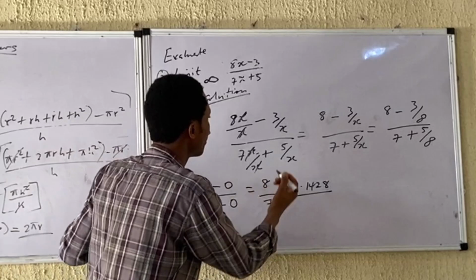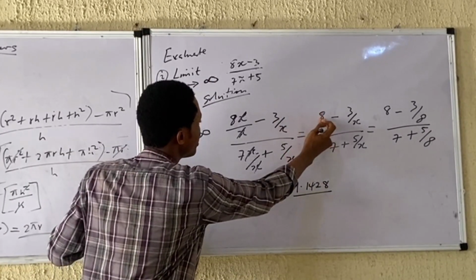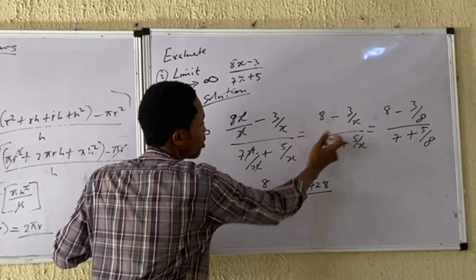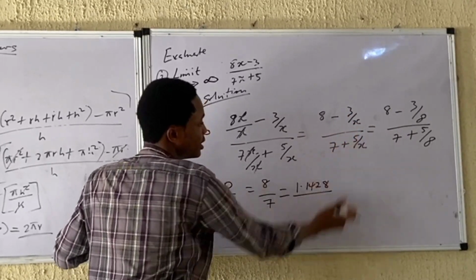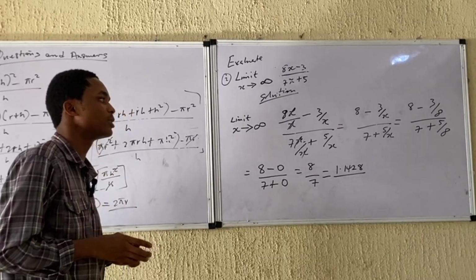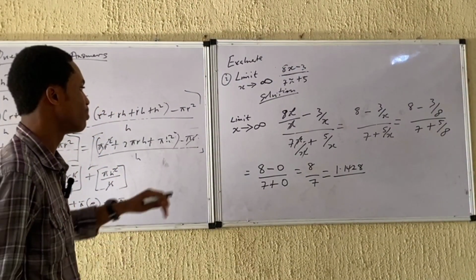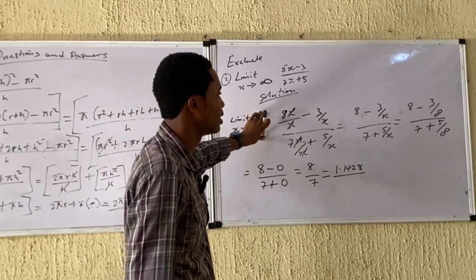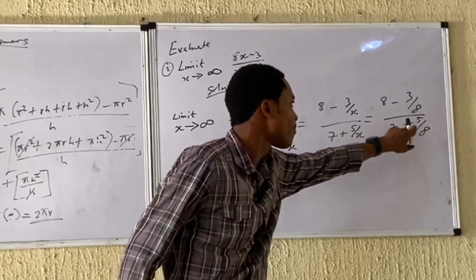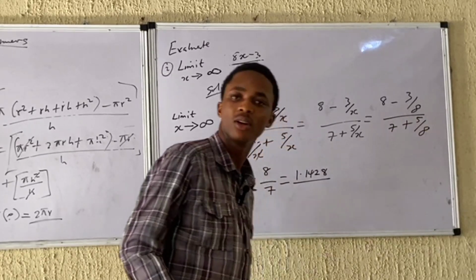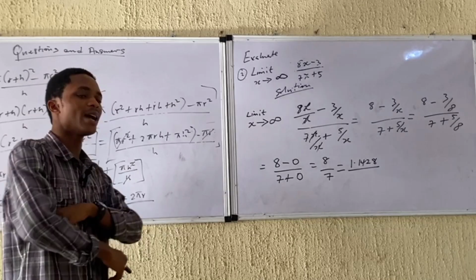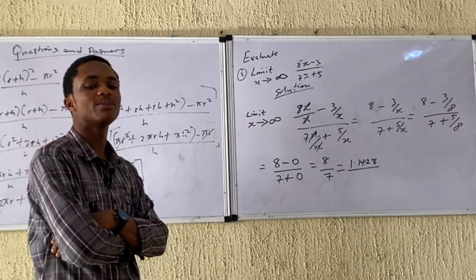Now we write this again. 8 minus 3 divided by x all over 7 plus 5 divided by x. Now we substitute wherever we see x, we replace it by this infinity sign. There's 8 minus 3 all over infinity over 7 plus 5 all over infinity. Now, at this point, anywhere we see infinity, we replace it by 0.